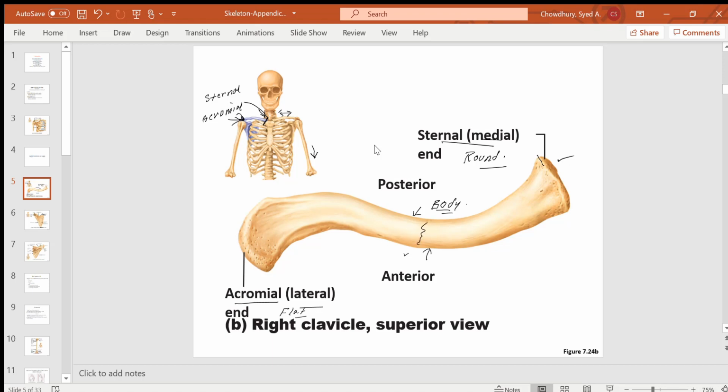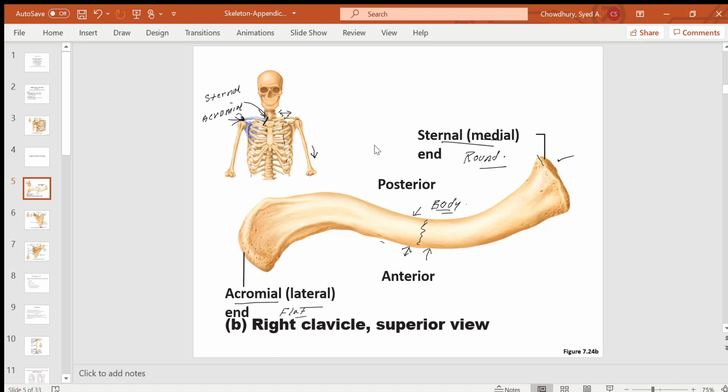And if someone falls on the shoulder, that would also cause a fracture of the clavicle, because the clavicle is located more forward, or anteriorly, than the ribs. So if you fall onto the ground, the ground will first hit the clavicle here.